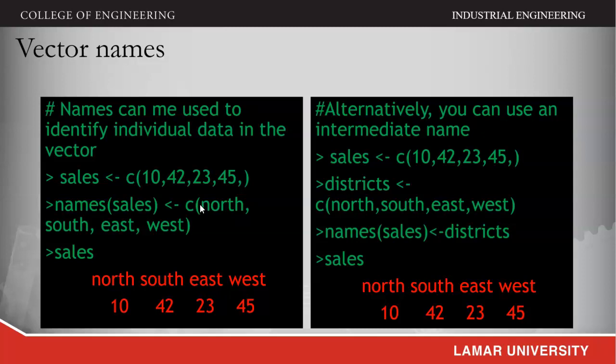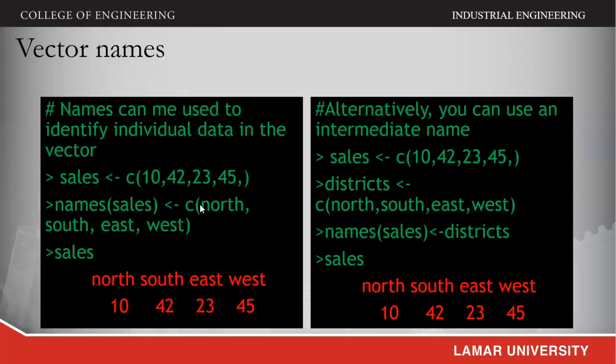There are 2 ways to do this. One is to directly have the names in the respective vector, or use an intermediate vector which contains the districts, in this case the North District, the South, the East, and the West District, just as names, and then apply those districts to the names in sales.